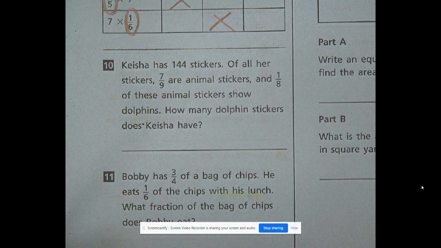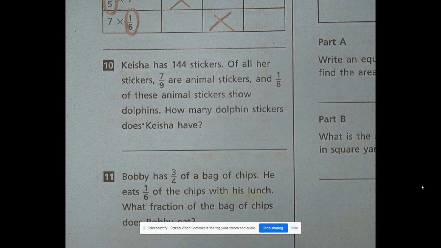Oh, there's a couple things we need to do in here. Did any of your brains think that? Okay. First of all, do we know how many of all our stickers are animals? We do? 7/9.